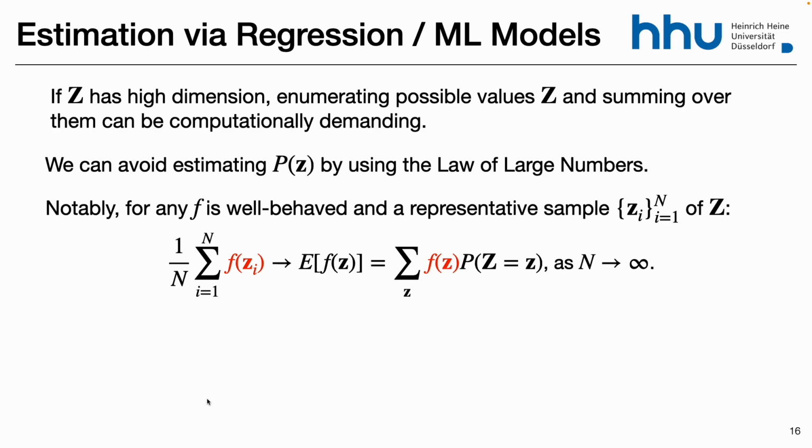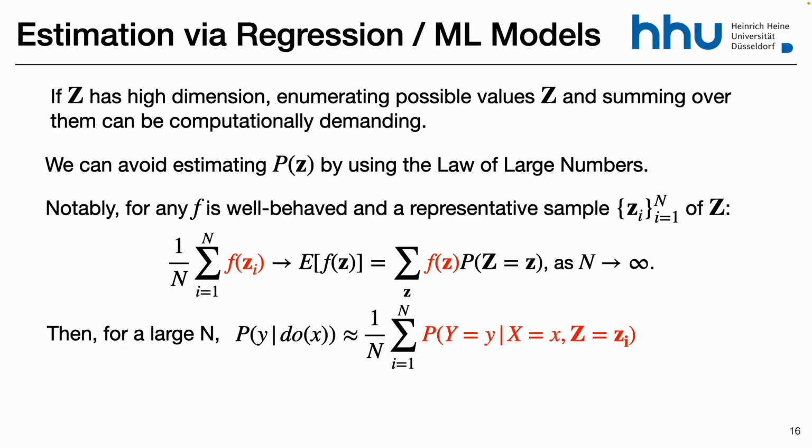So I have a large sample with z's and just evaluate the function in all these zi's, and then take the average of all of them, right? So this is just computing the expectation of this function.